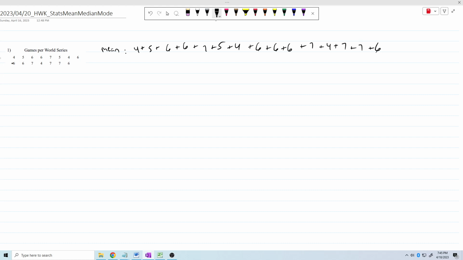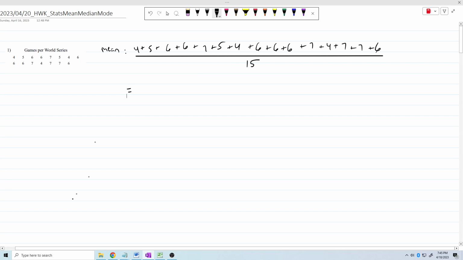All I did was copy them down and put plus signs between them, starting from the top row, all the way to the right, and then the second row and so forth. I will add them up in a second. Let me get a total count: 2, 4, 6, 8, 10, 12, 14, 15 of them. So I'm going to put a 15 down here.